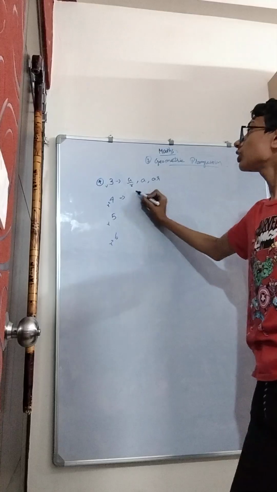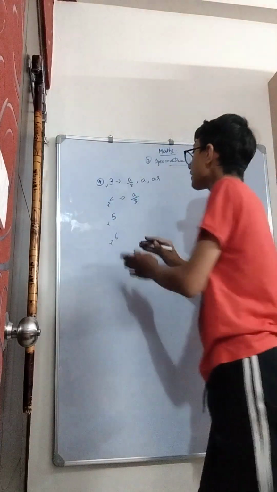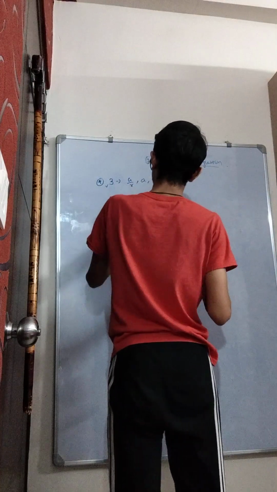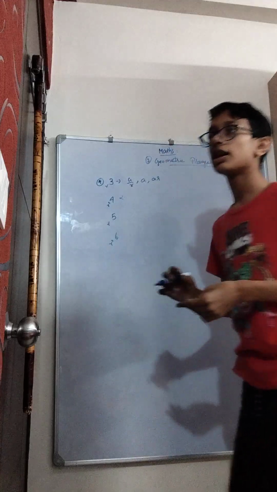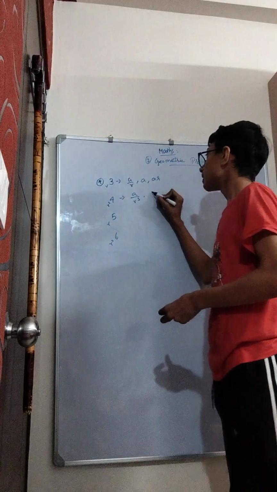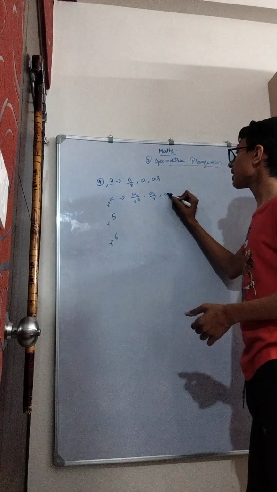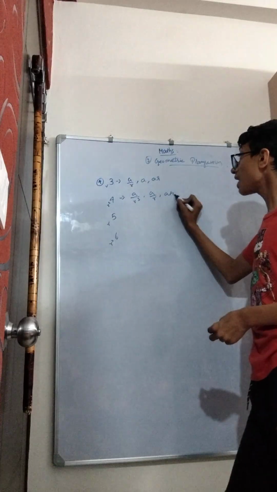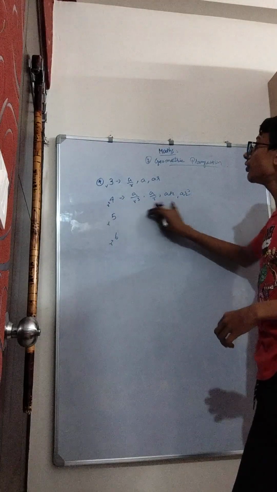Next one is 4 terms. It would be A by R cube, comma A by R, comma A, comma AR, comma AR cube. These are the 4 terms.